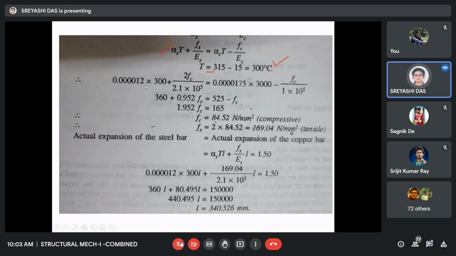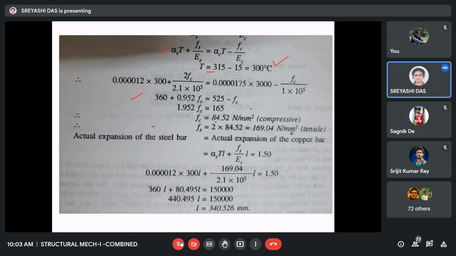Just putting in all the values given, we get another equation, taking this Fc and Fs.